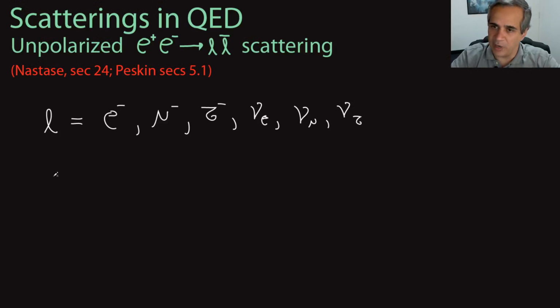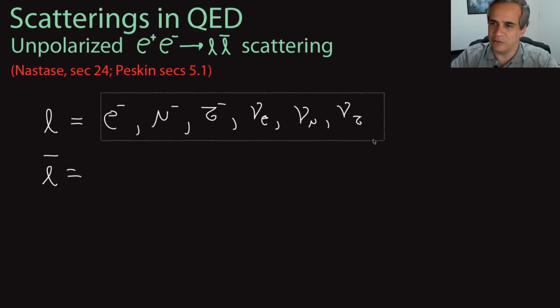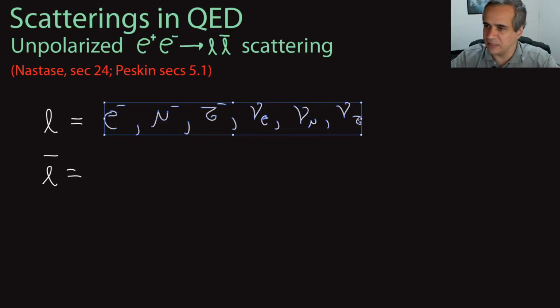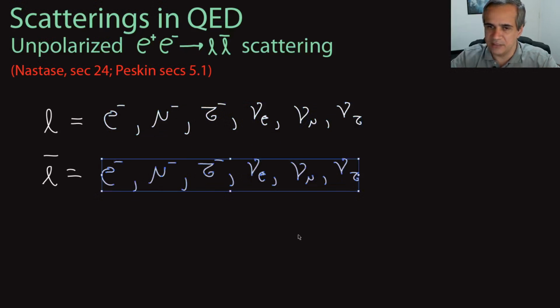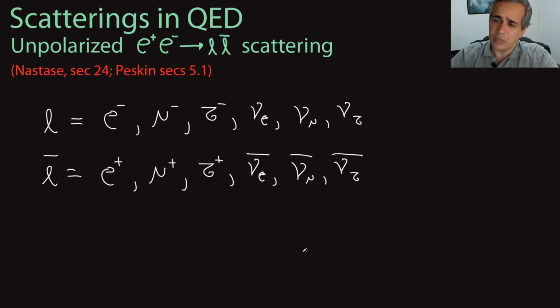And L bar here just means the anti-lepton. Each of these has some antiparticle, which for these is just the positive one, and for the neutrinos I indicate it like that, right?